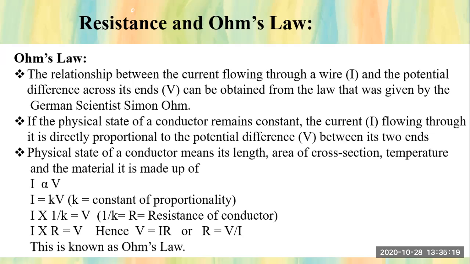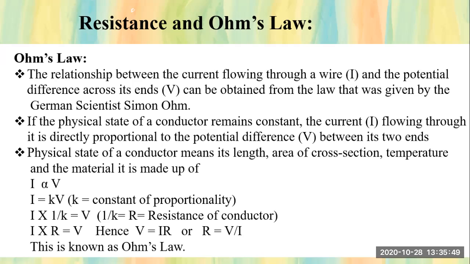When we say inversely proportional, if one increases, the other decreases, and if the other decreases, the first one increases. Here, when current increases, voltage will also increase. When current decreases, potential difference will also decrease.